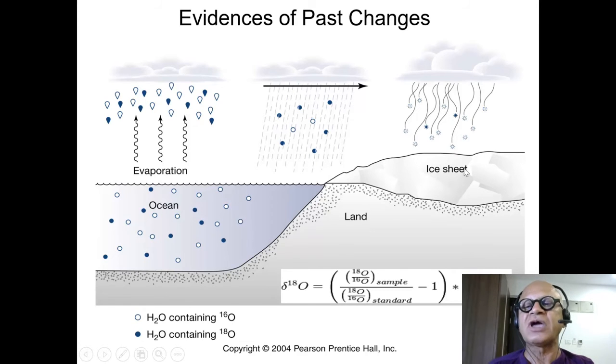So glaciers over time would be depleted heavily in O18, which is measured here as delta O18: the ratio of O18 to O16 in the sample you're collecting somewhere, let's say in a glacier, divided by O18 to O16 of the standard that is stored somewhere, minus 1, times 1000, which gives us parts per thousand.